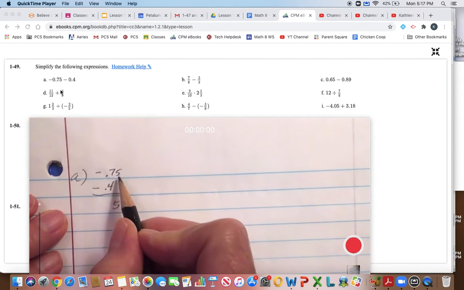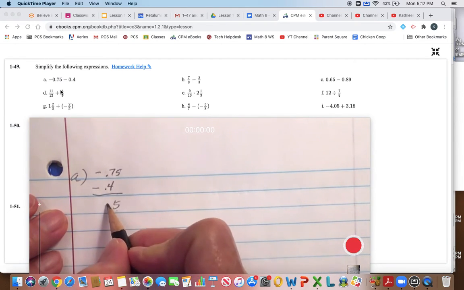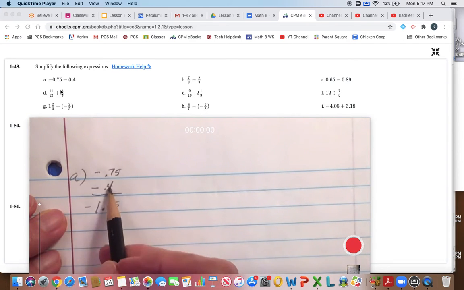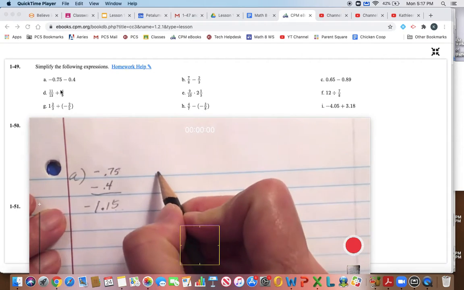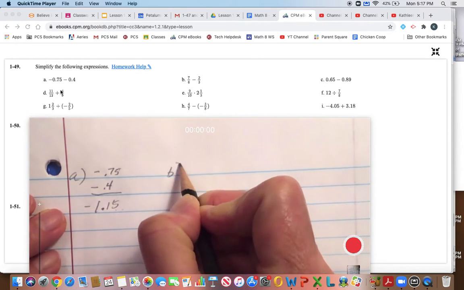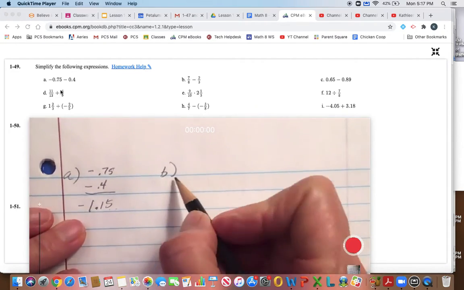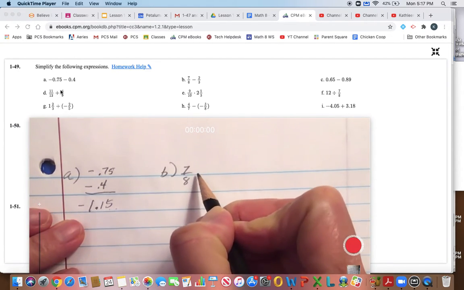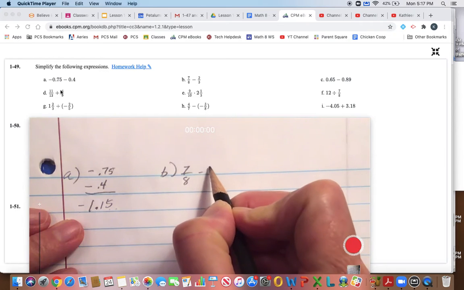So 5 and that's 11. And I drop down the decimal point. So they're both negative, so the result is negative. That's A. And then B is a fraction, so 7/8 minus 2/3.